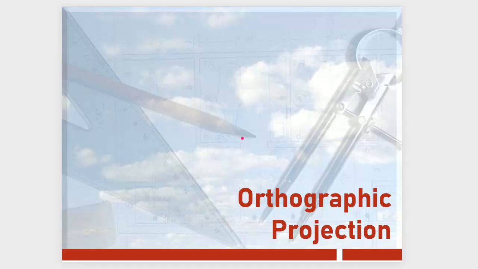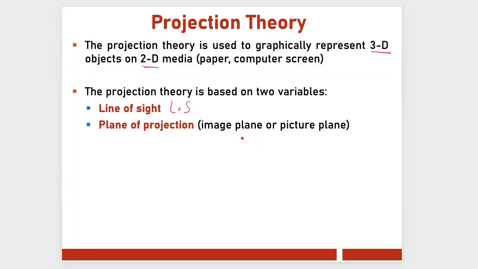So what we have covered so far is projection theory. We have two types of projection theory. We have perspective and we have parallel. And what makes perspective distorted compared to parallel is the line of sight converges to a single point.